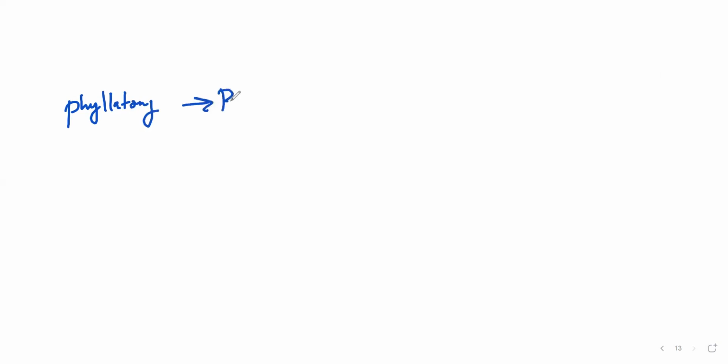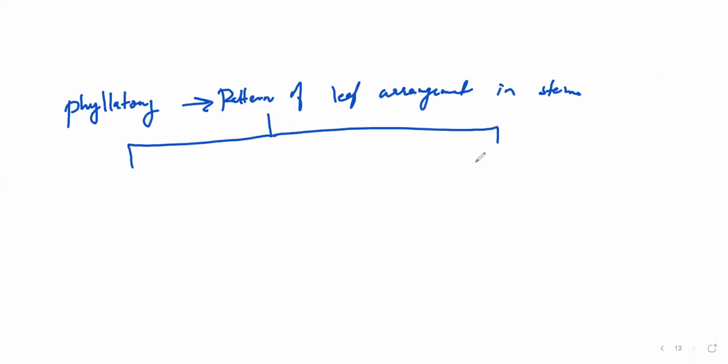So this is nothing but the pattern of leaf arrangement in the stem. Basically three patterns will be found over here, which are called alternate, opposite, and whorled.